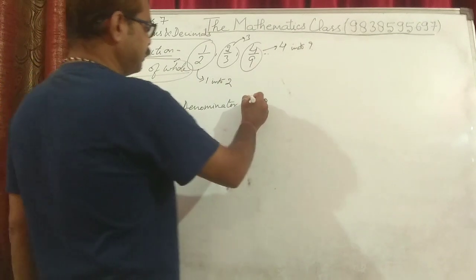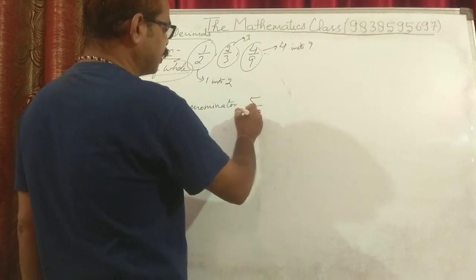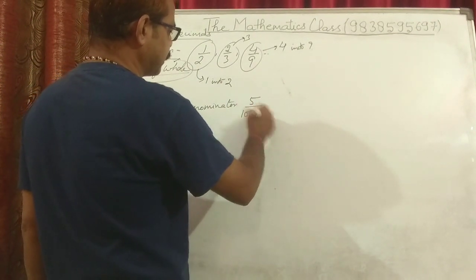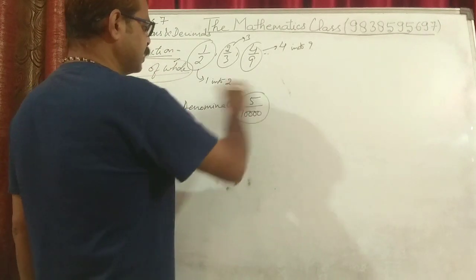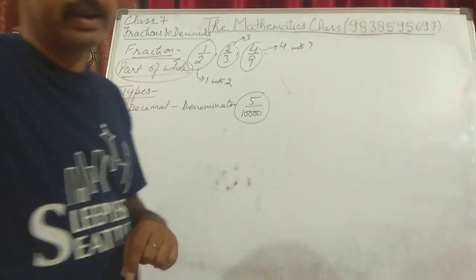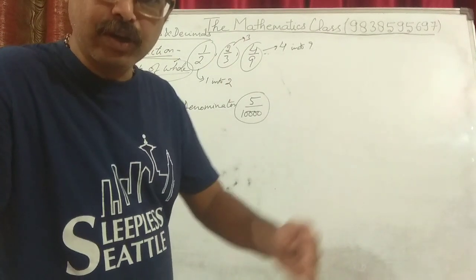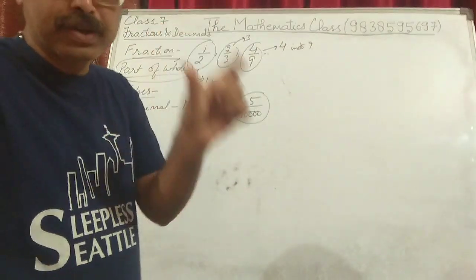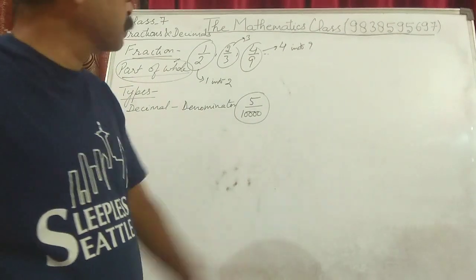If I say 5 upon 10,000, this is a decimal fraction. So what is the basic requirement for a fraction to be a decimal fraction? In the denominator, the number should be 10 or its powers.